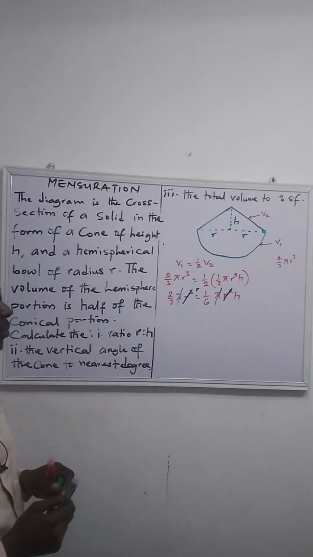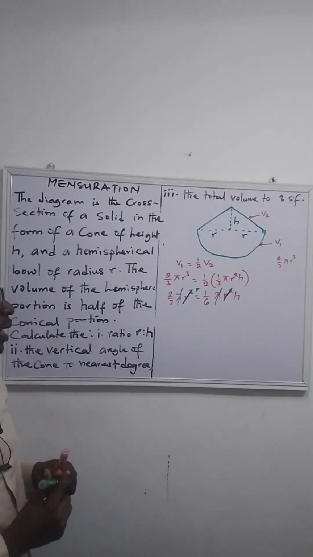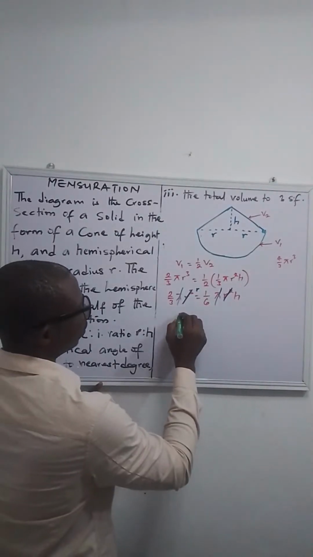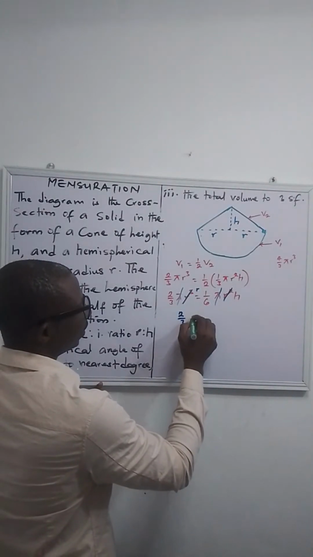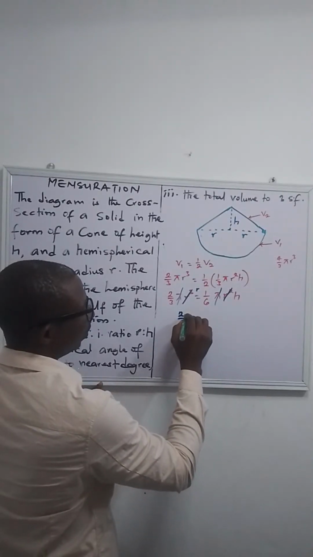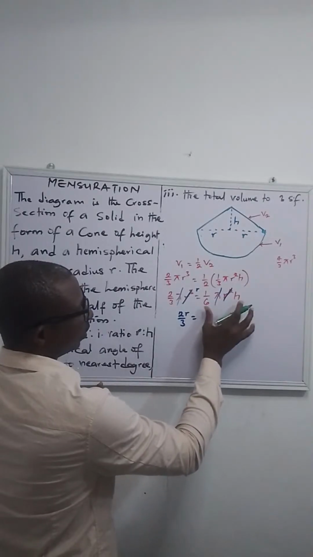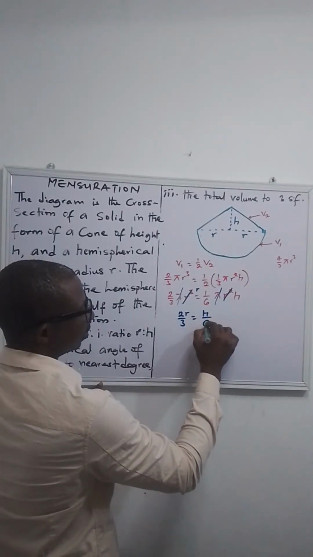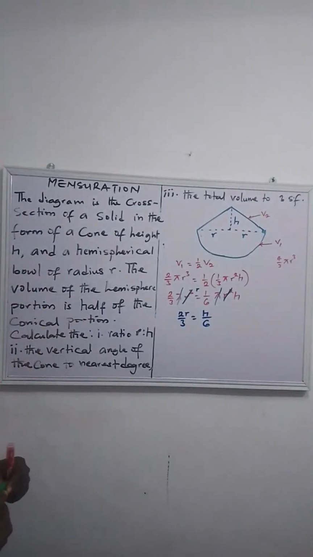You get that? So now we have 2 over 3 equals to, you have R here. Don't forget, so now this is going to give you H over 6. Here you can cross multiply.